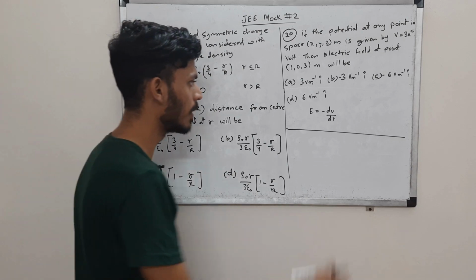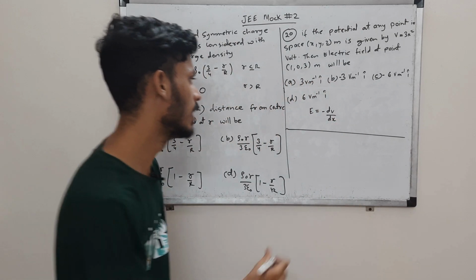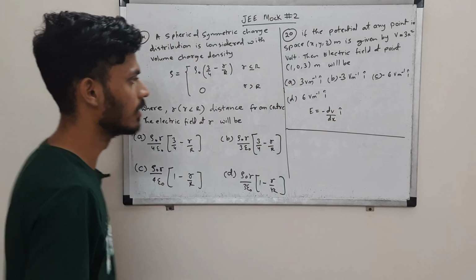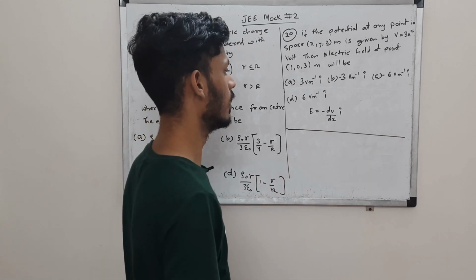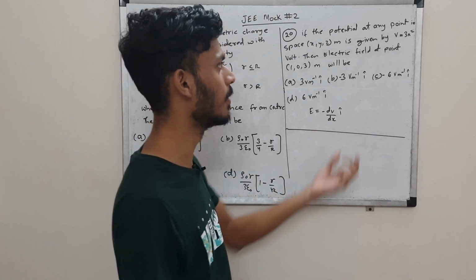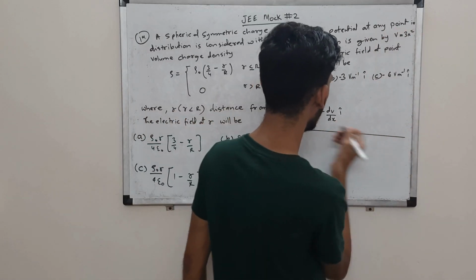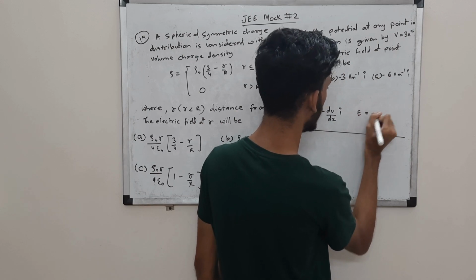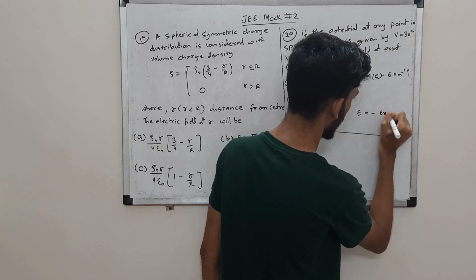It's basically minus dV by dr. Actually it is the gradient, and it's partial differentiation, and it has i, j, k components, but here the potential is only a function of x. So the electric field will be given as minus derivative of that, which is 6x, and i cap is there.